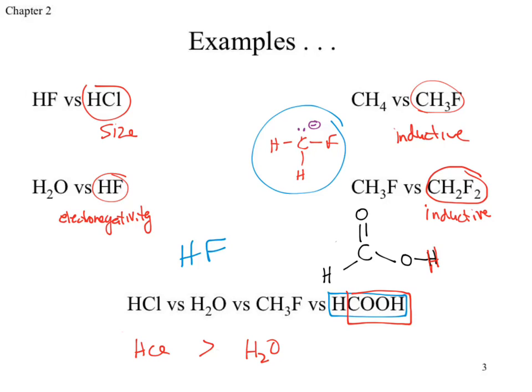HF versus CH, or carbon CH. Which one's the stronger acid? HF. They're now within a row, right? HF is the stronger acid over our carbon, but it's weaker than HCl. Where does that put our CH structure? Weaker than HCl. Find the common denominator.